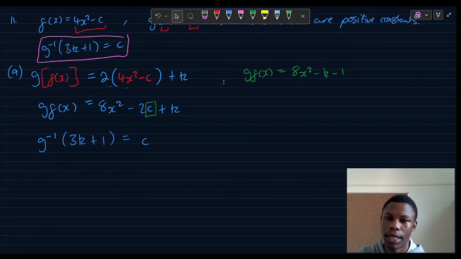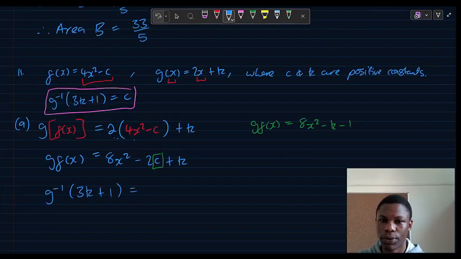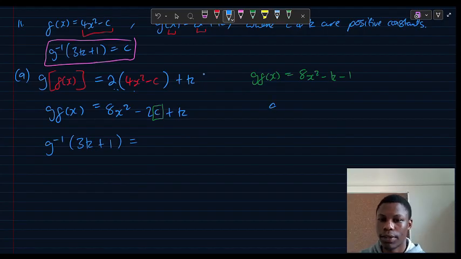And remember, if you've got an inverse function, g inverse of x, and I apply the original function, the original function and the inverse will just cancel out and you just get x.